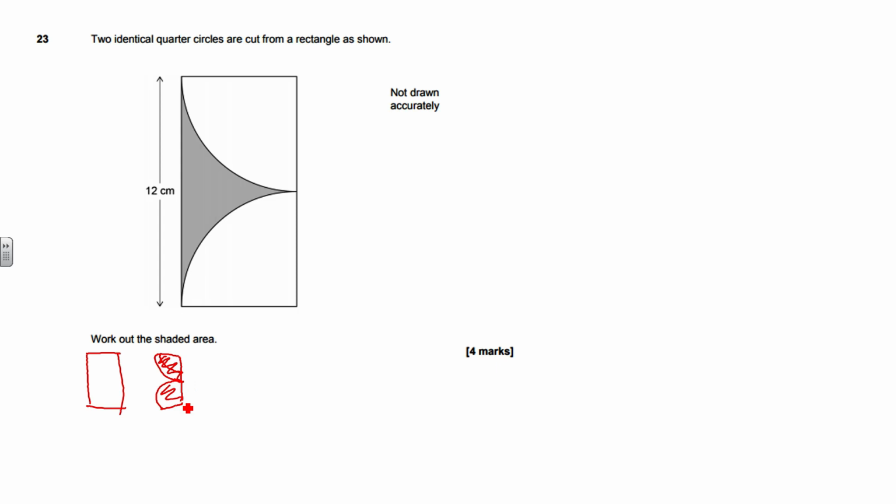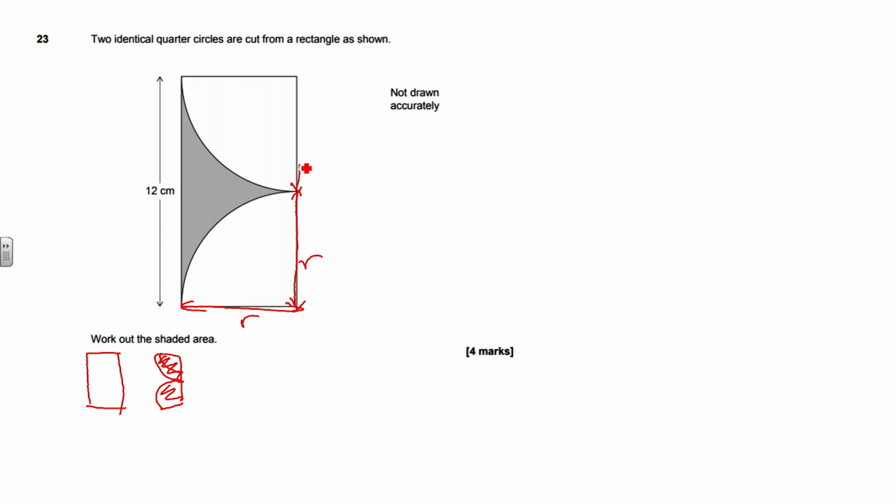If I want to work out the rectangle, I need the length and the width. So how wide is this rectangle? Well, because we're told these are identical quarter circles, we know that this length and this length are both the radius of the circle.